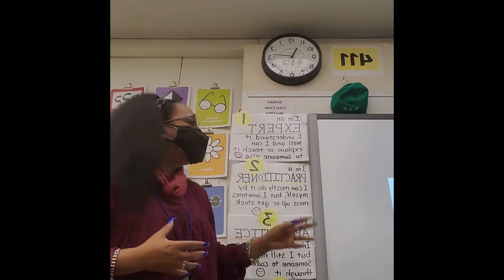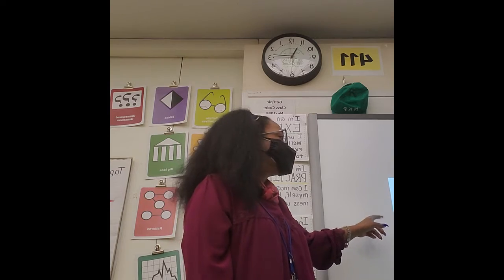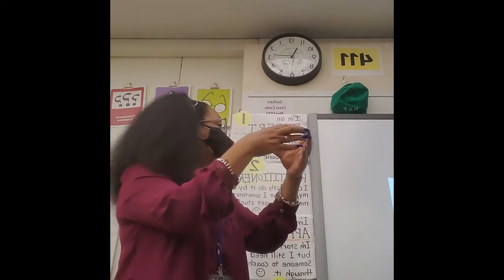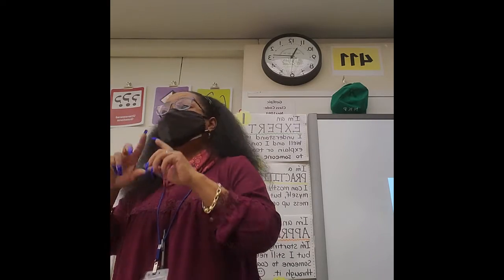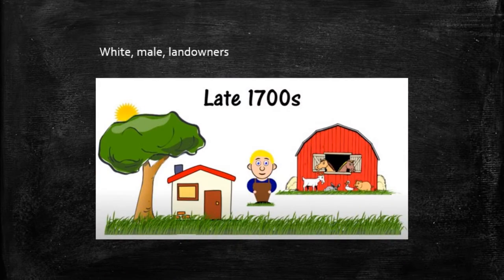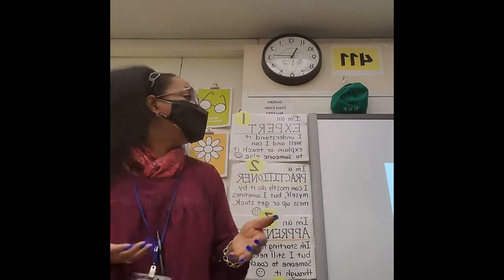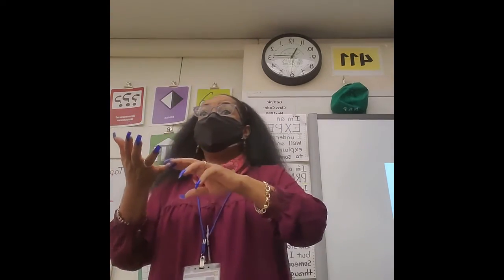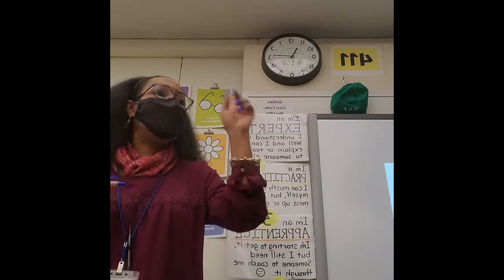I just pulled these slides because I wanted to review the video. In the late 1700s, only white male landowners could vote. No poor white men, no women, and no people of any other race. By the 1820s, white men could vote, poor ones and rich ones, but no people of any other race and no women.